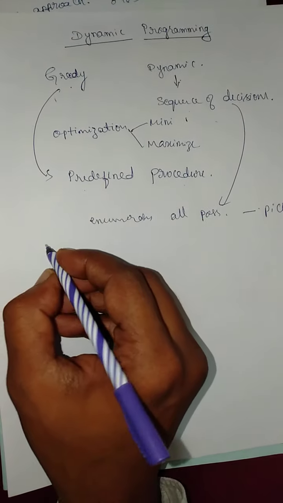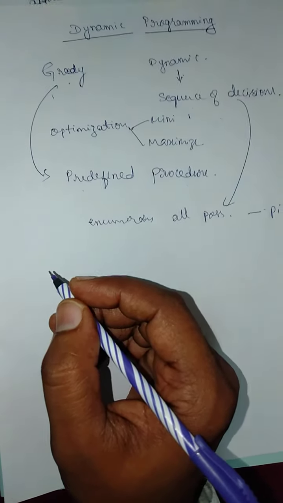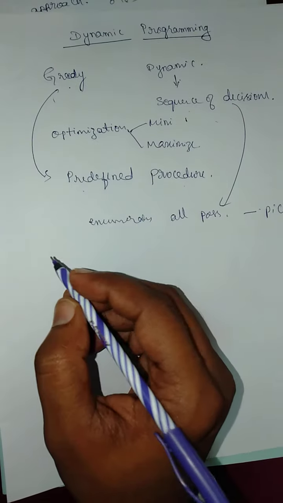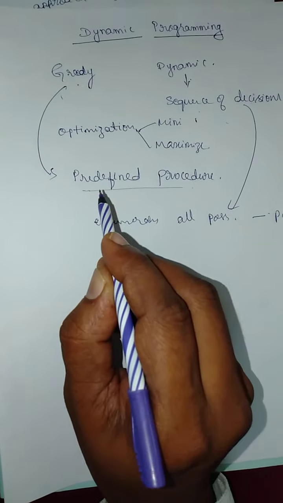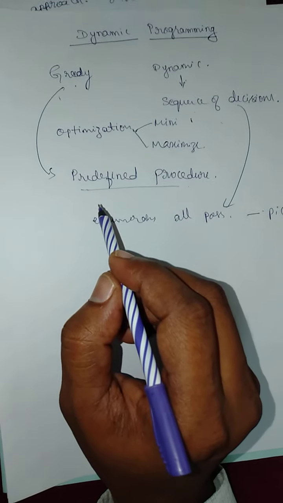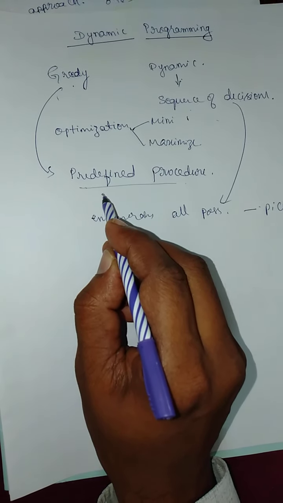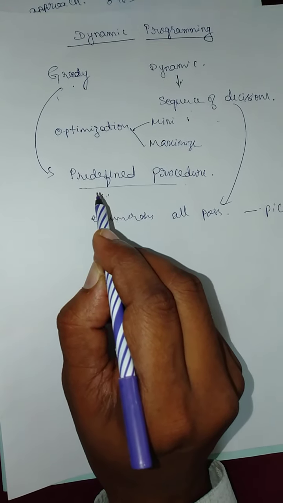Take one example of any greedy approach, for example, minimum cost spanning tree, Prim's or Kruskal's algorithm. Here there was a predefined procedure that we should select only the minimum cost edge at each stage, and this procedure is fixed.